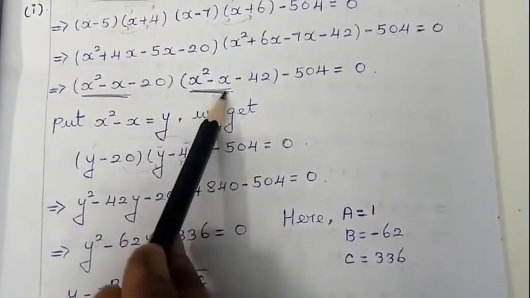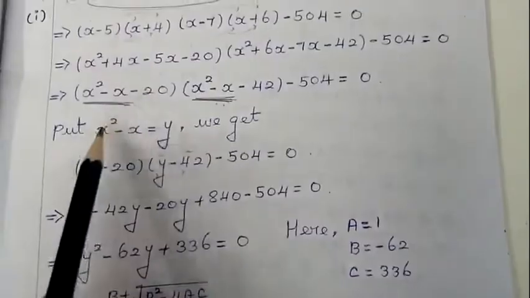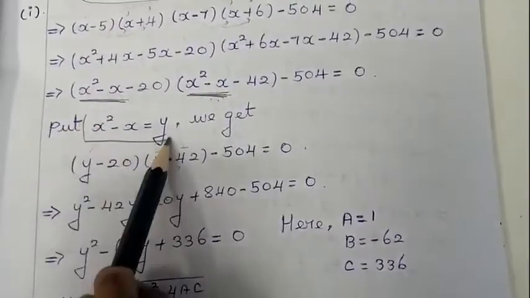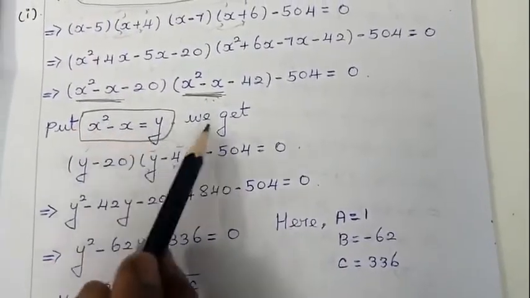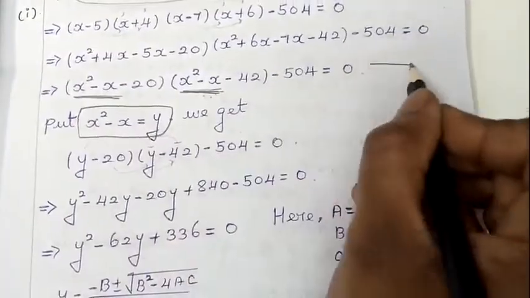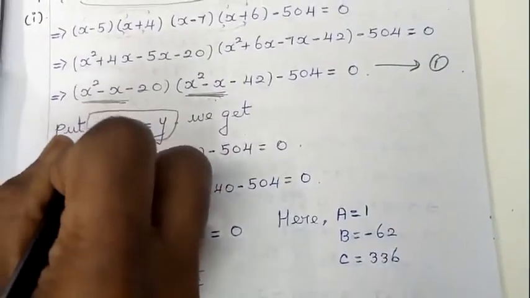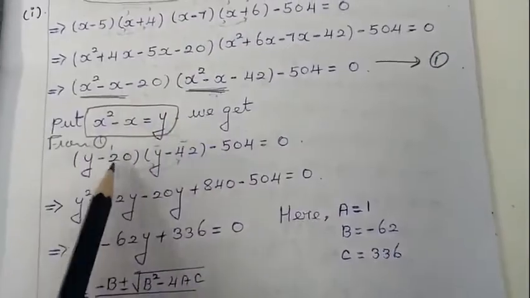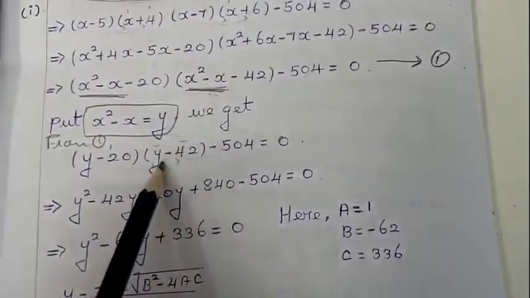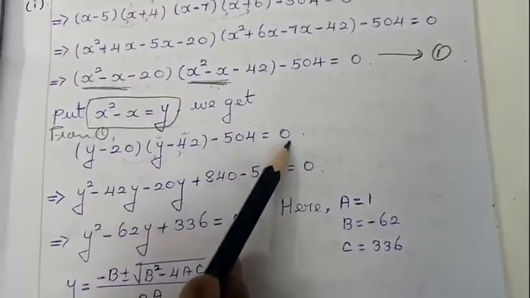What I am going to do now is, in place of x square minus x, I am going to replace the value as y. x square minus x equal to y. So let me mark this as 1. If I write it, I will be getting y minus 20, y minus 42 minus 504 equal to 0.